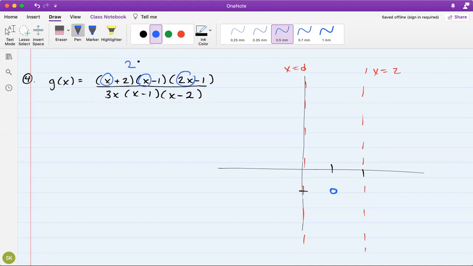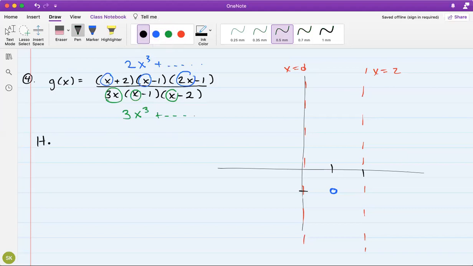So that would be 2x cubed. Then on the bottom, to find the leading term, is 3x times x, which is 3x cubed. So if we were to continue to multiply this out, we'd have some other stuff, but this would be the one with the highest power on x.